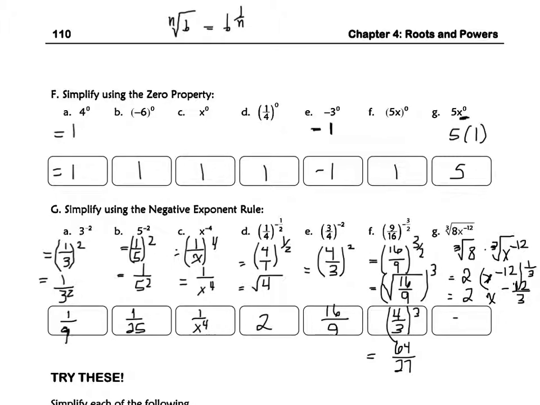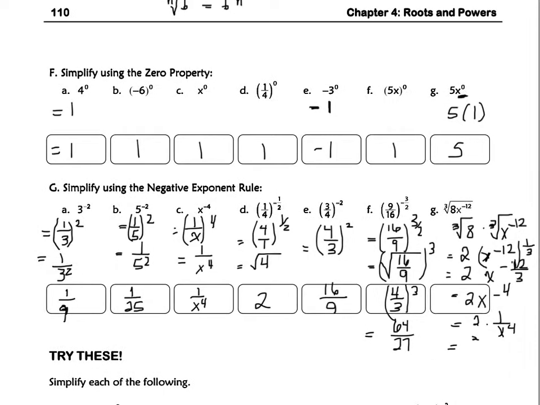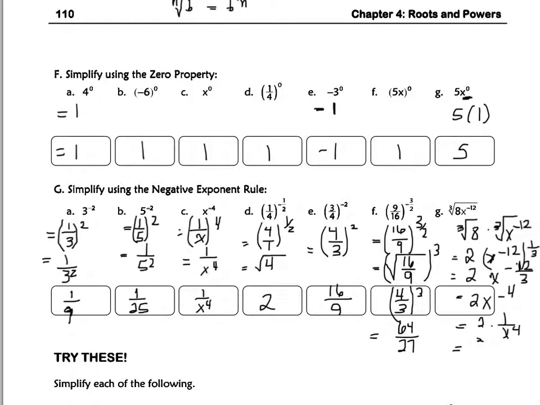So then that would be 2x to the negative 4, which you can't leave the negative exponent in a simplified answer, so that would be 2 times 1 over x to the 4, or 2 over x to the 4.